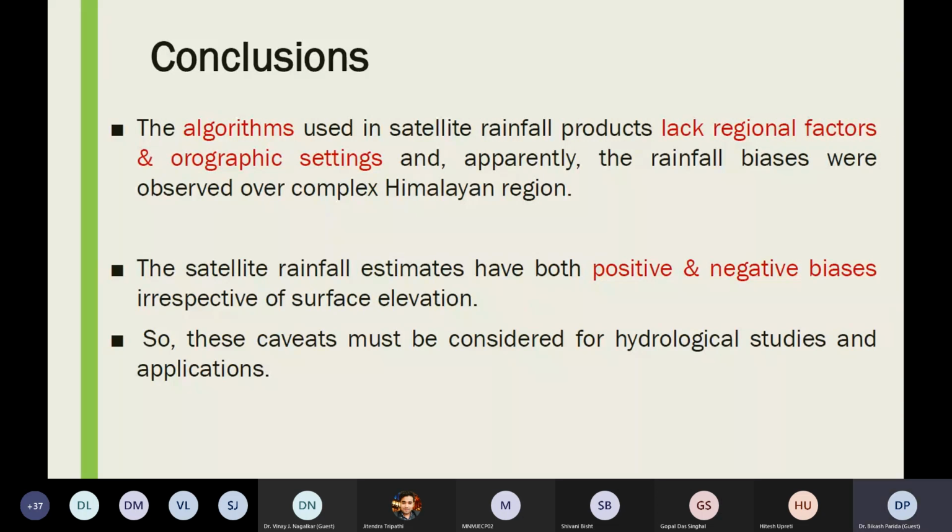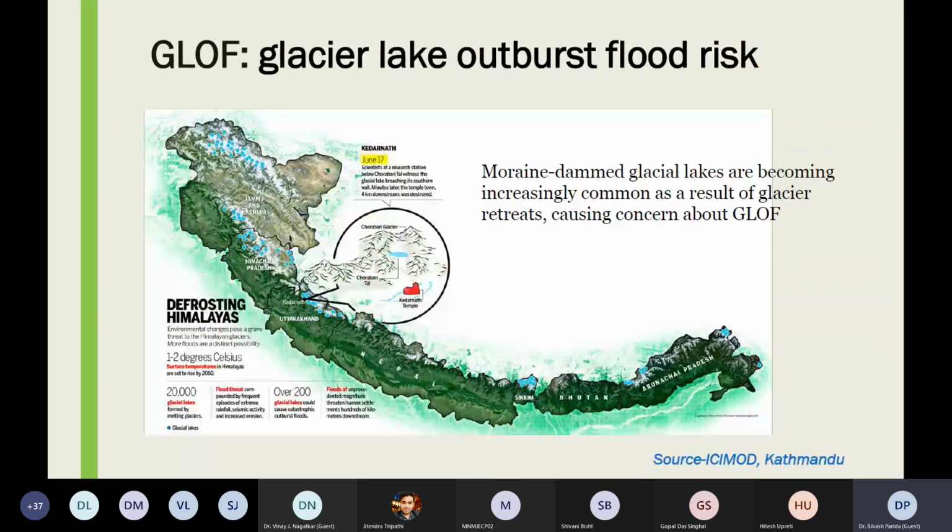And then related to that, this is from some other studies from ICIMOD, Kathmandu. They have published these maps, showing that almost 20,000 glacier lakes are located in the Himalaya. Out of these 20,000 glacier lakes, almost 200 lakes have the potential to burst anytime.